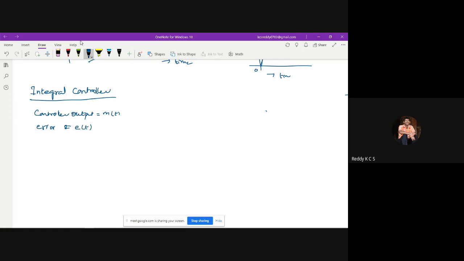If I take the block diagram in this case, this is the r of t. A similar block diagram, e of t, but the controller changes here. We can say it is an integral controller, and this is the feedback signal, that is b of t.